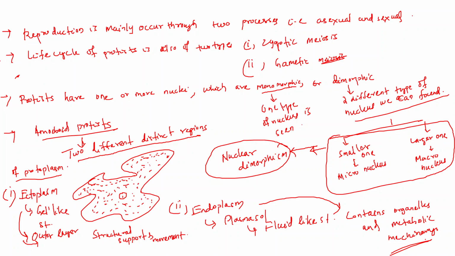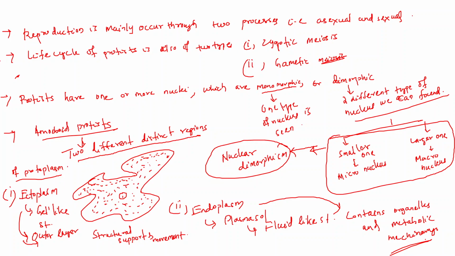Metabolic machinery means different metabolic functions occur in an organism. What are metabolic functions? Metabolic machinery or metabolic function means different chemical reactions occurring inside the body of a living organism. Different chemical reactions like digestion, respiration, excretion, osmoregulation, all these chemical reactions occurring inside the body of a living organism, and all these chemical reactions combiningly are known as metabolic reactions or metabolic machinery.